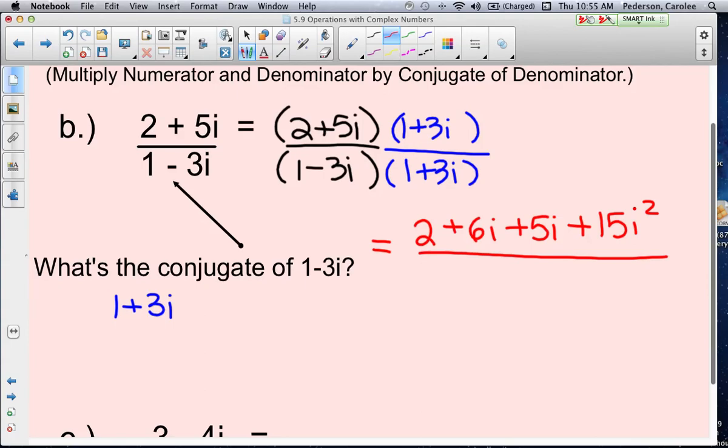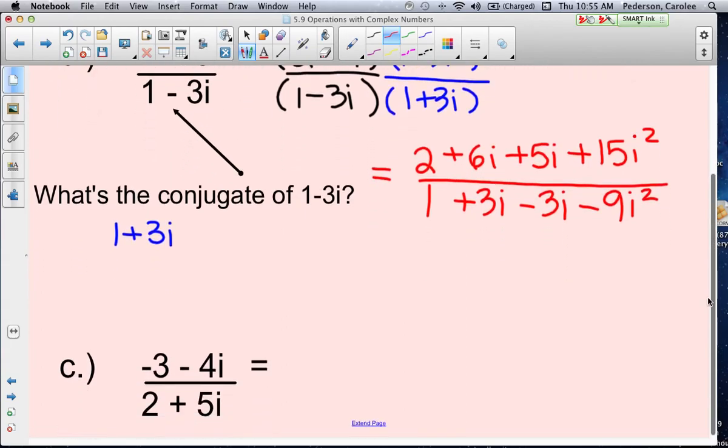FOIL those. 1 times 1 is 1. 1 times 3i is 3i. Negative 3i times 1 is negative 3i. And then negative 3i times positive 3i is negative 9i squared. What will always happen when you multiply by complex conjugates is the middle terms will cancel out.